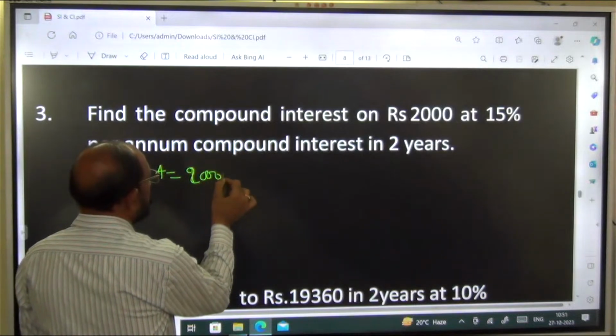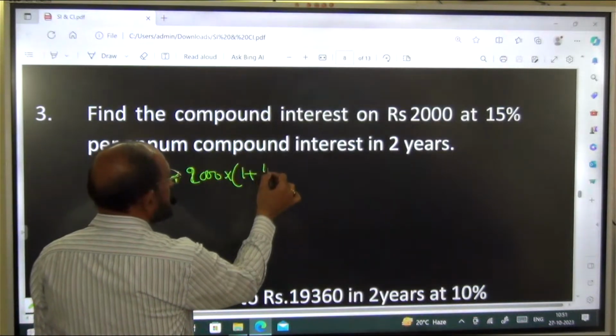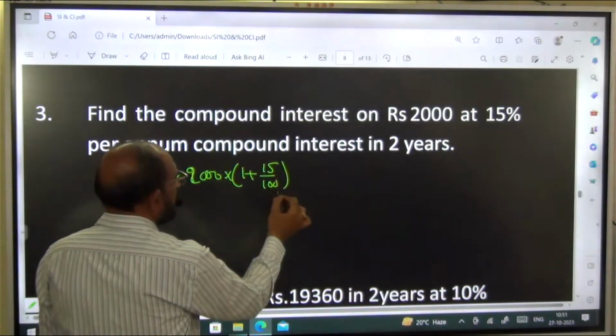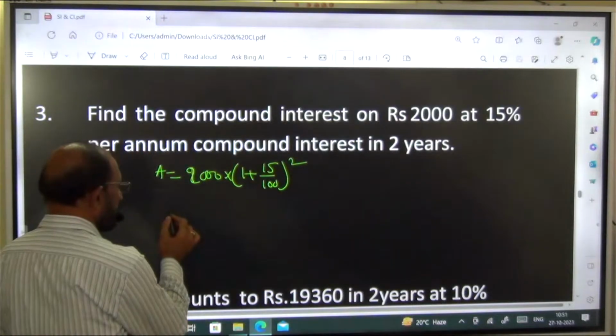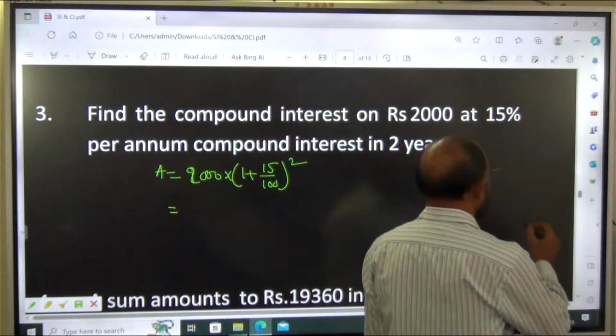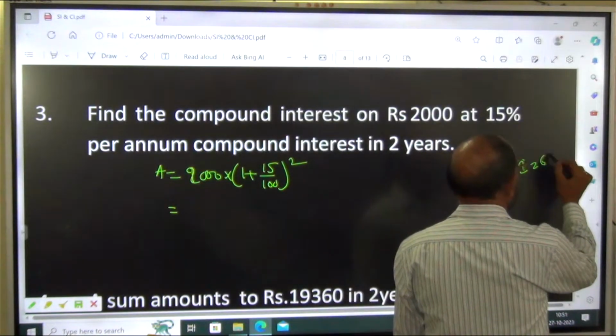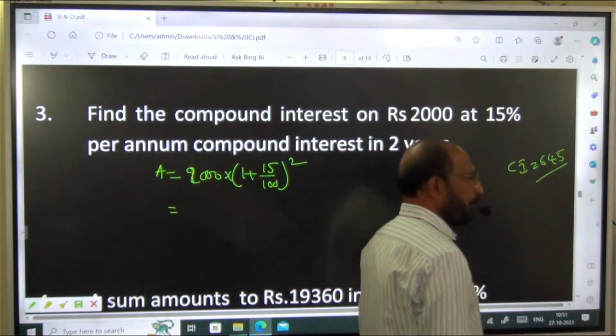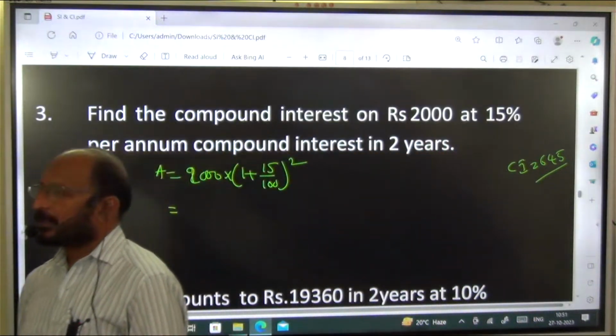2000 into 1 plus 15 by 100 whole square. Yes, the answer 645. Compound interest is equal to 645. Is it clear?